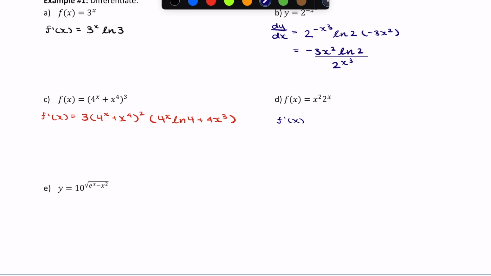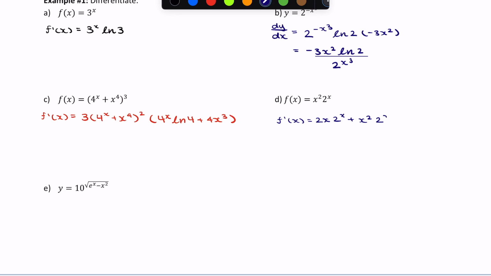f prime of x is equal to, so we have 2x, so the a prime, and then b would be the same, which would be 2x here, 2 to the power of x, sorry. And then plus, a stays the same, so that's x squared, and then the derivative of 2 to the power of x.